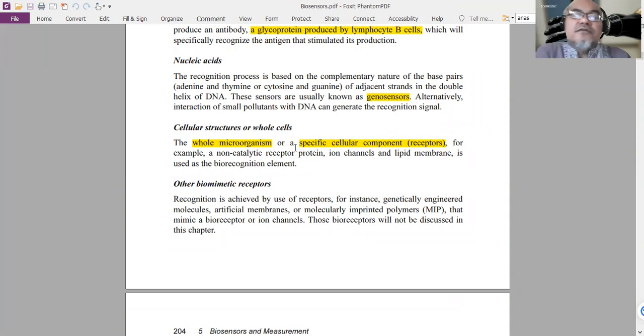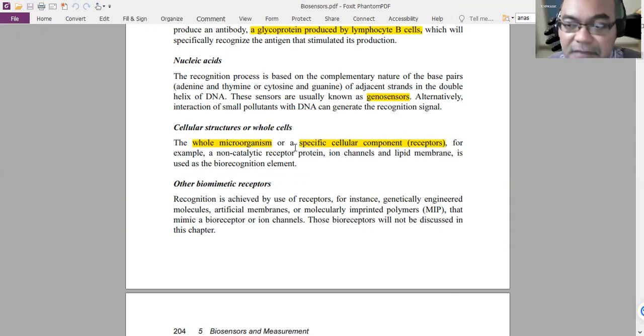When do we use cellular structure? When we want to look at the overall cellular response rather than a particular recognition element response. For example, we would like to see the toxicity of certain classes of chemicals towards neural cells.